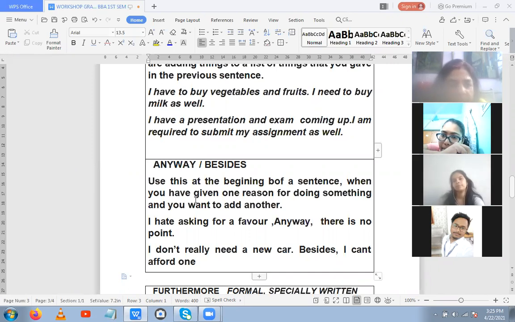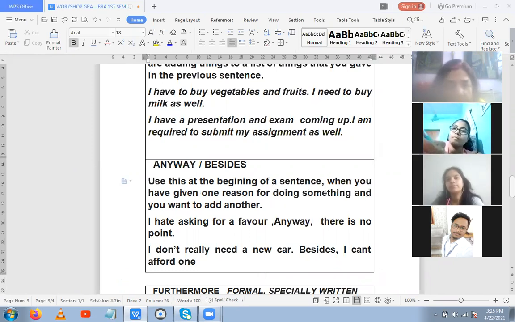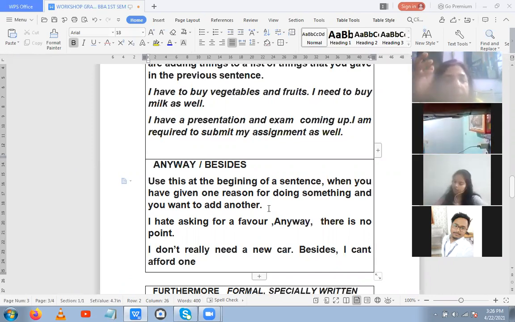Use "anyway" and "besides" at the beginning of a sentence when you have given one reason for doing something and you want to add another.